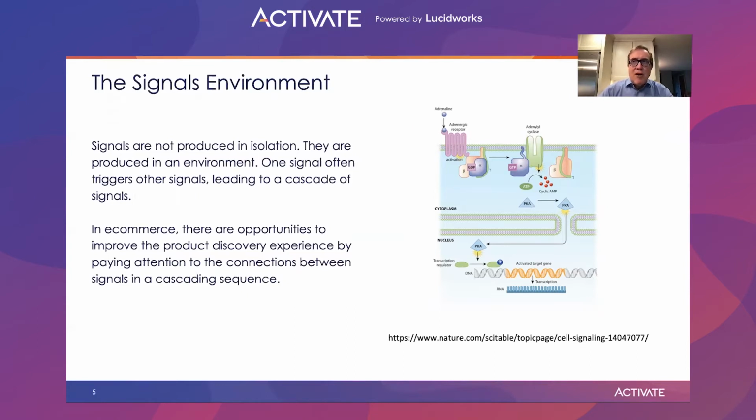And I think too often we think about a signal in isolation, such as what does this individual signal or piece of data mean? How can we act on it? But actually, we need to consider all of the signals happening in the environment in which they're happening in order to really make the best sense of what we can learn from the signals.